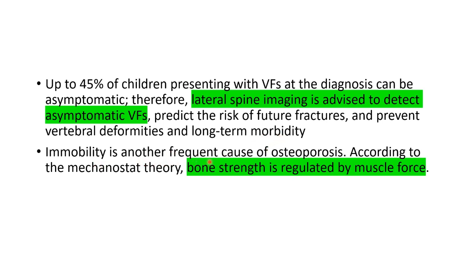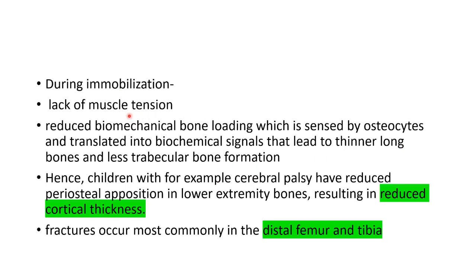Immobility is another frequent cause of osteoporosis, as there is a mechanistic theory which shows that bone strength is regulated by muscle force. During immobilization, what really happens is that there is a lack of muscle tension, which leads to reduced biomechanical bone loading, which is sensed by the osteocytes and translated into biochemical signals that lead to thinner long bones and less trabecular bone formation.